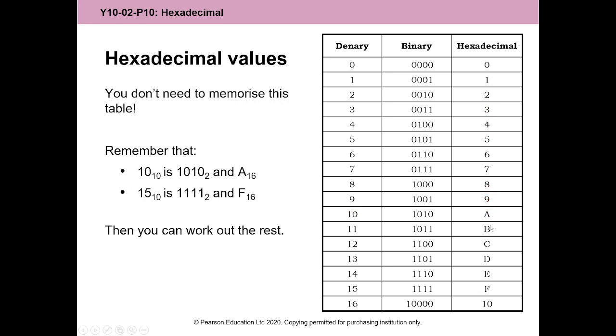Instead, I'll just say A, B, C, D, E, F. I could have continued on to G, but actually I'm stopping here because I want 16 unique symbols, 0 to 9 and then A to F. Why 16? So using 4 bits, we can represent 16 possible values. That's why we use hex.